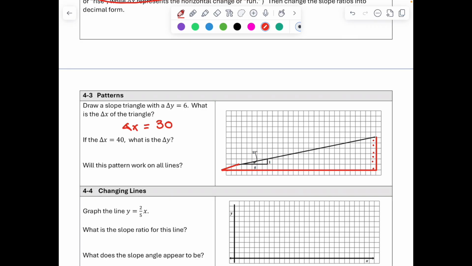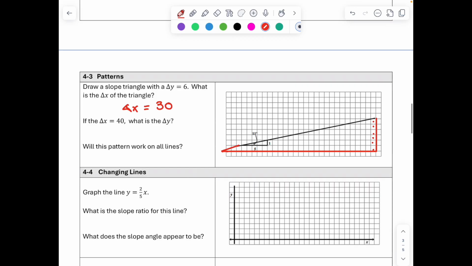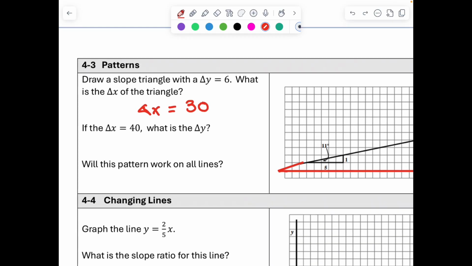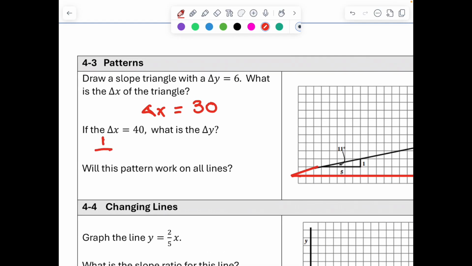If the change in x was 40, what's the change in y? Well, what I might do, instead of drawing this out, having x go all the way to 40, I know that the slope ratio is 1 over 5. So my change in y over change in x should simplify down to 1 over 5.